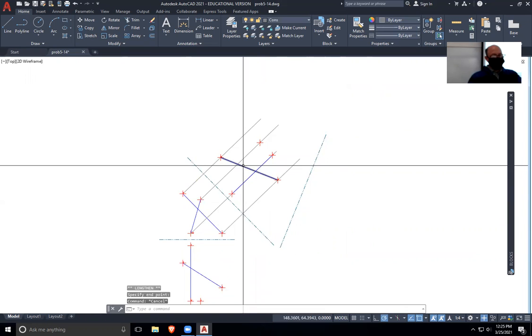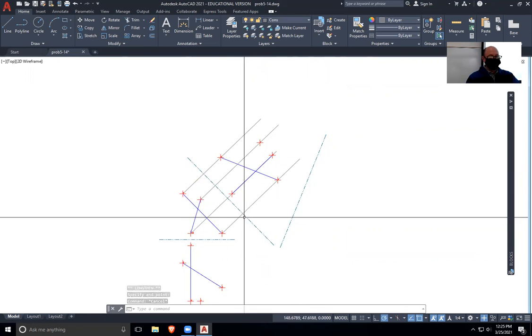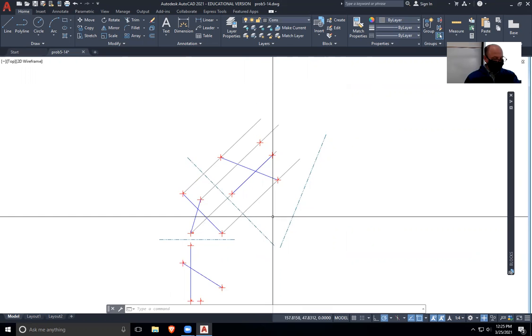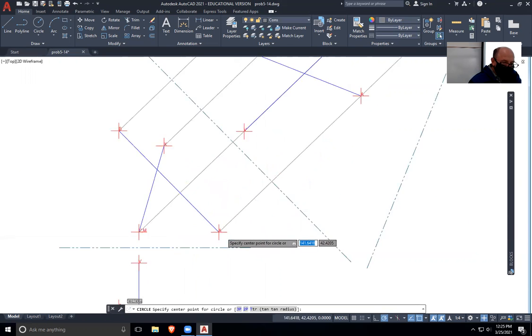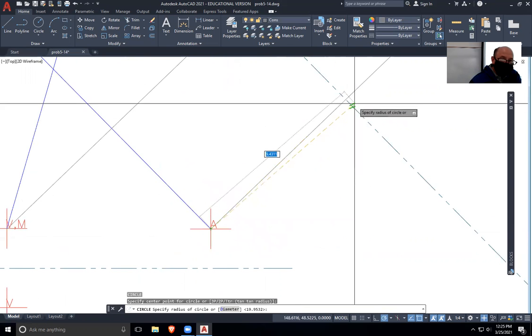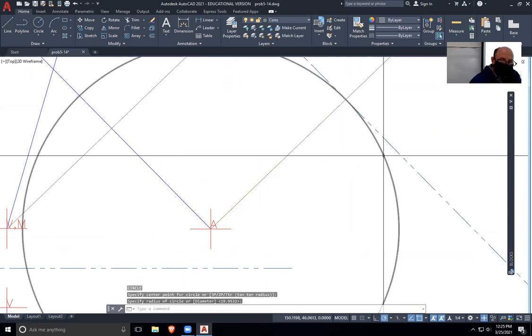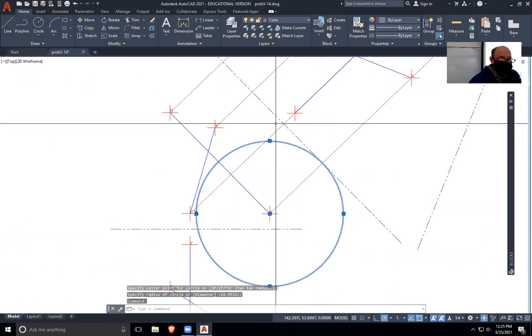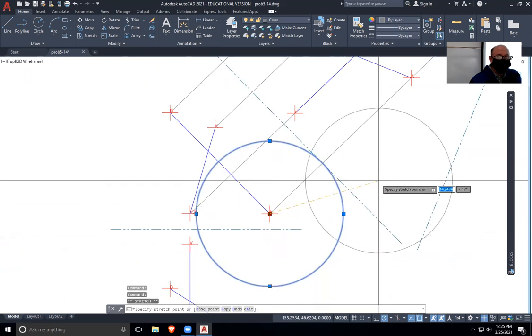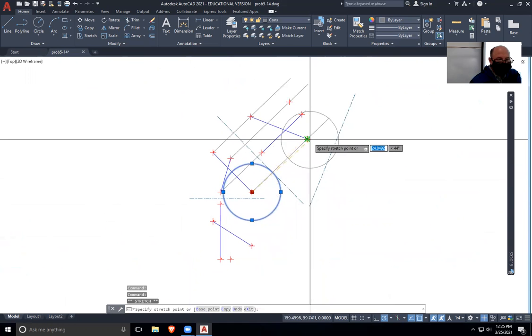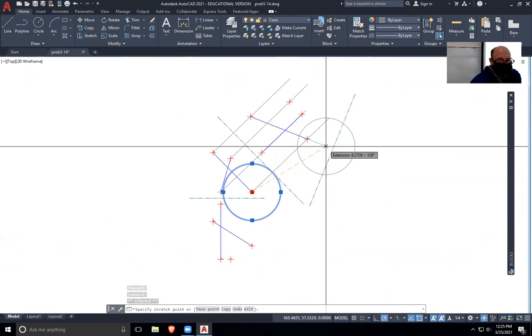Okay, so I'm going to project this line AB, right? So A and B are both the same distance from that reference line. Thus, they're going to be the same distance from, see if I can extension. There we go.